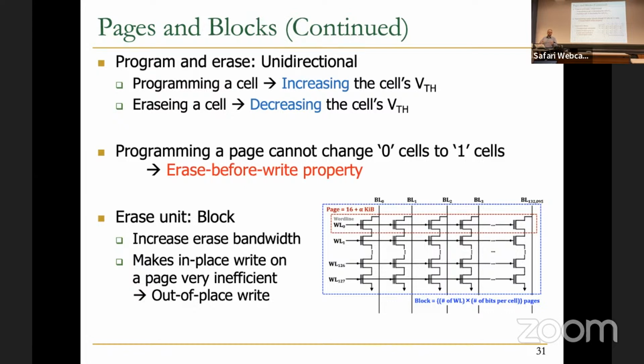So that's why in flash memory, we just do out-of-place update. Hopefully, we keep enough free pages so that whenever you receive an update, you just write to another page. That also causes other issues, like garbage collection. We're going to see that at some point, you're going to run out of these free pages, and you need to reclaim them. But I just wanted to give you some insight about why we need to do out-of-place writes.